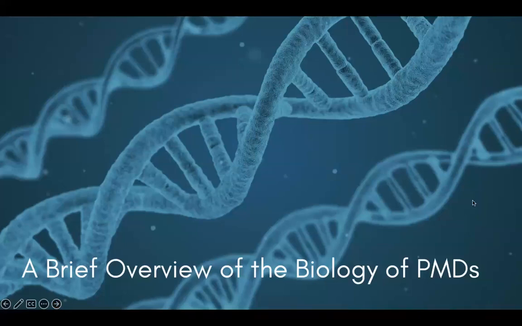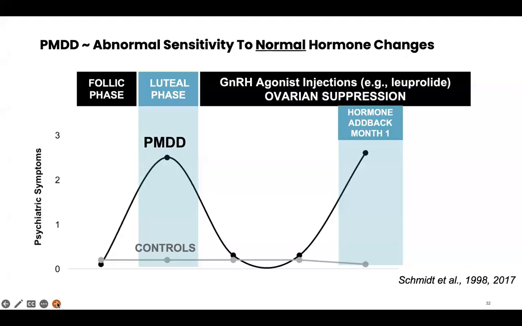Next, I'm going to provide a brief overview on the biology of premenstrual disorders. The key here is that PMDD is an abnormal sensitivity to normal hormone changes across the cycle. There are studies that have focused on understanding which hormonal triggers are associated with changes in psychiatric symptoms.